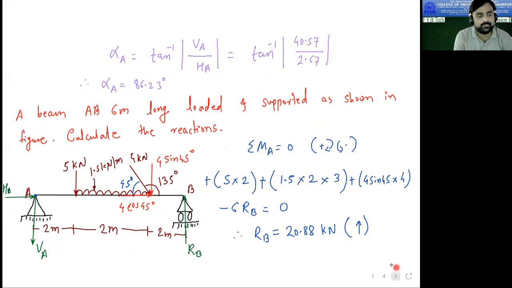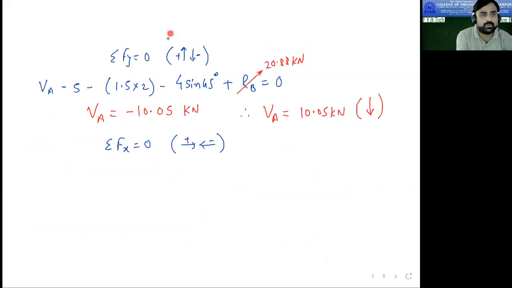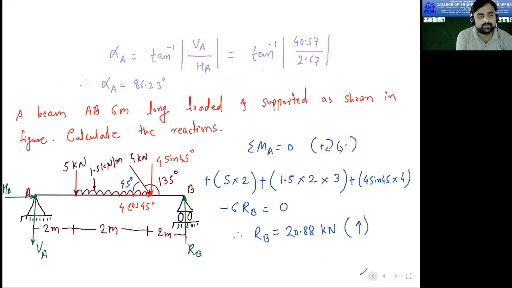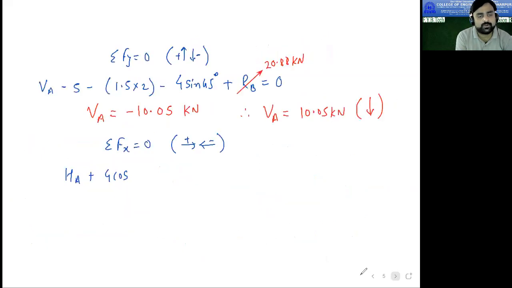So summation Fx equal to 0 gives HA plus 4 cos 45 is equal to 0. So HA is equal to, what is the answer? Minus 2.82 kilonewton.